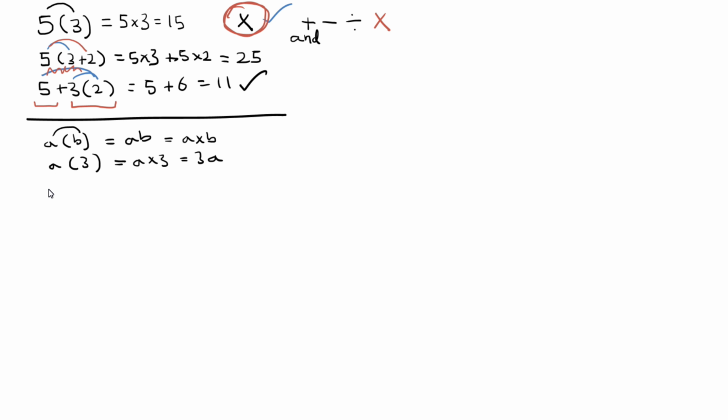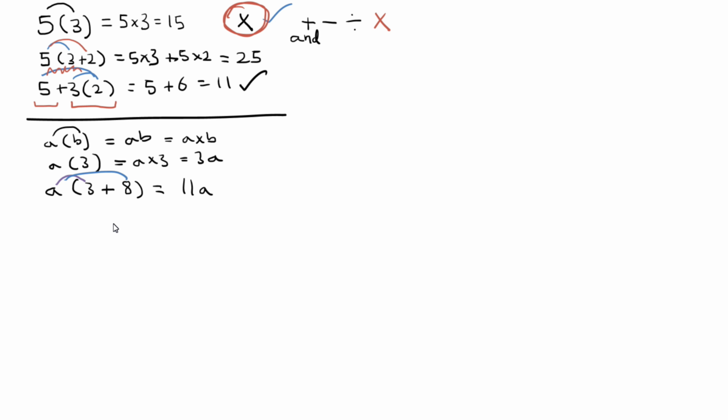Okay, let's add some more terms in the bracket. Now try this one yourself. What did you get? The answer is actually 11A. How do you get that? It's because, let me get them different colors, a little bit of purple. A times 3 is 3A.